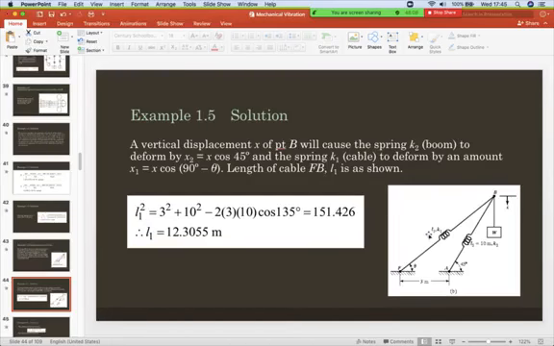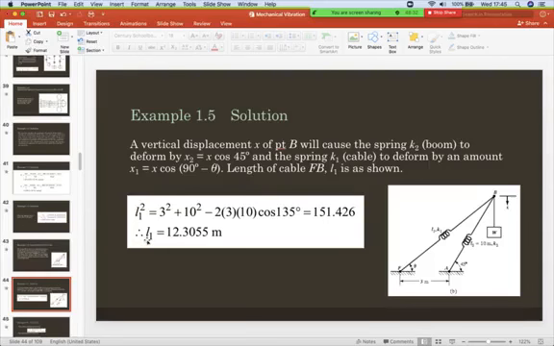Okay, where's 3? So here, 3. Okay. 3 squared plus 10 squared. Okay, this one, 10 squared. Minus 2. This one, 2. So that's the formula. 2 times 3, 10 cosine 135 degrees equals 151.426.